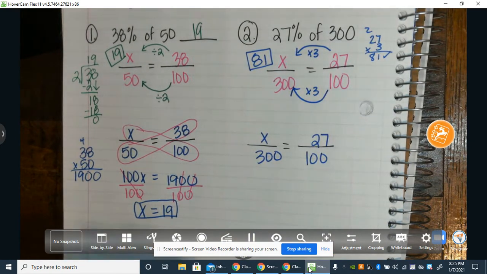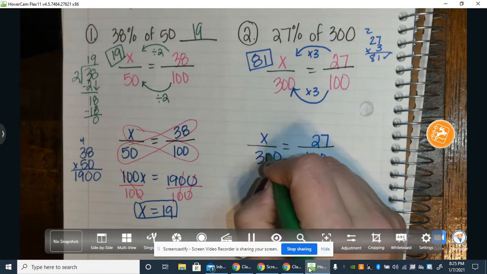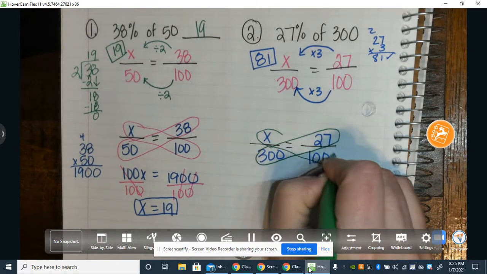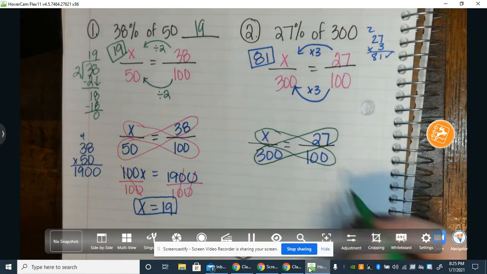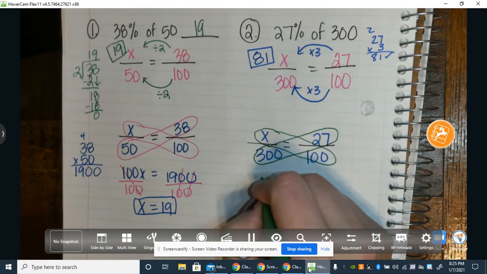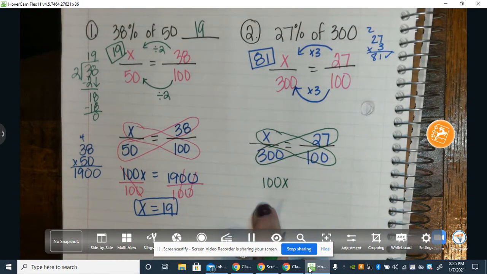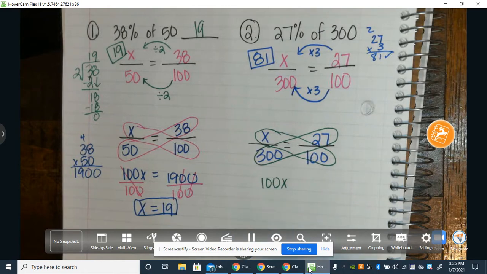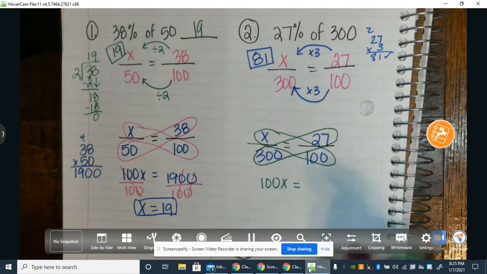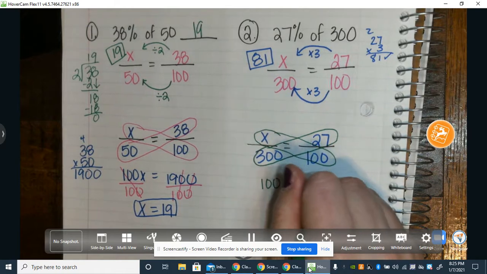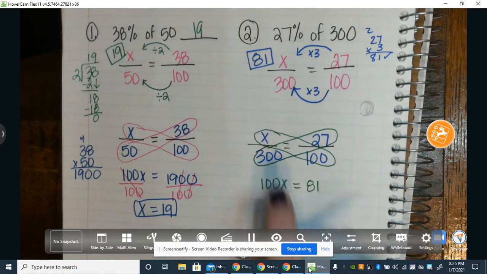So I'm going to cross multiply. All right. So 100 times x gives me 100x. I always do that first because I like x on the left side. You'll see most of the time when you start writing equations, your variables are on the left side and the right side is your number. Is equal to 300 times 27. Well, 3 times 27 gives me 81, and I need 2 zeros behind it.